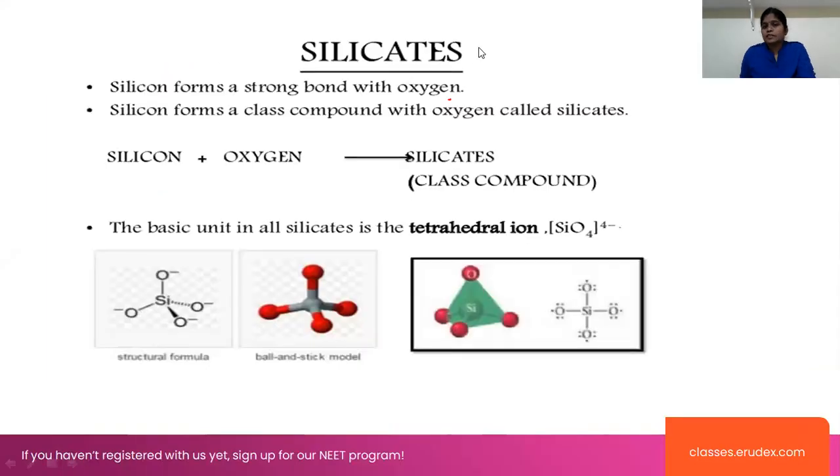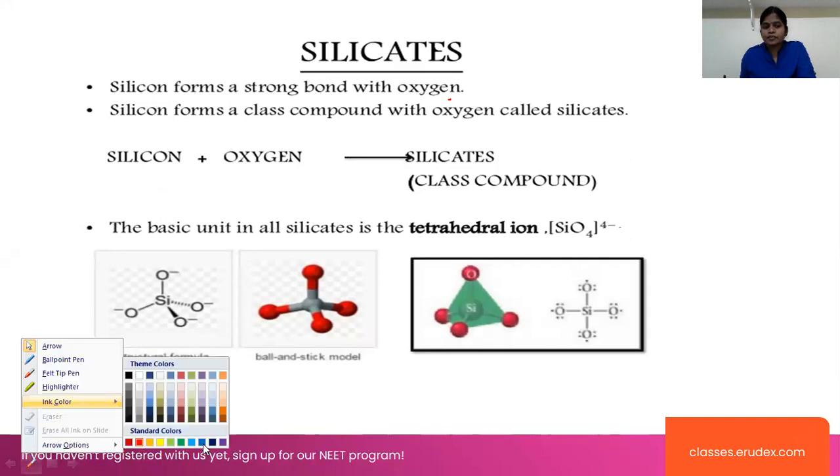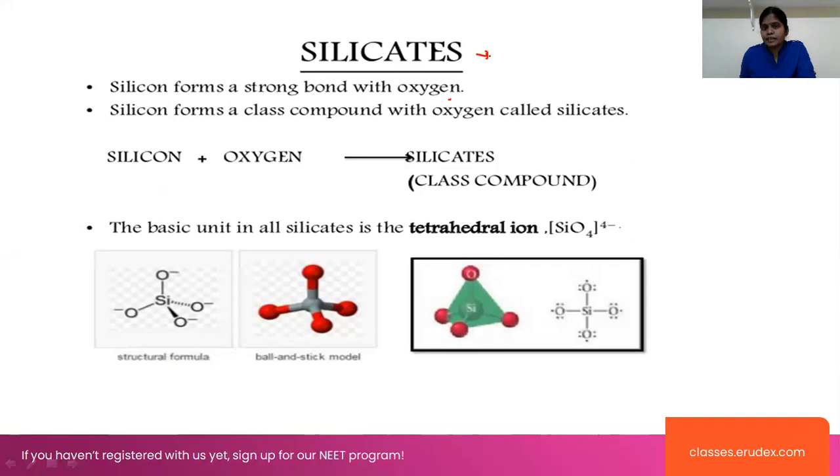First of all, we want to know the definition of silicates. Silicates are metal derivatives of silicic acid. The silicic acid formula is H4SiO4, which can be written as Si(OH)4.